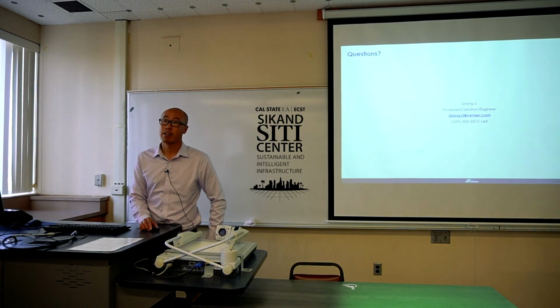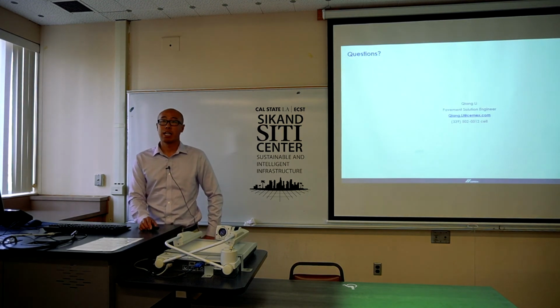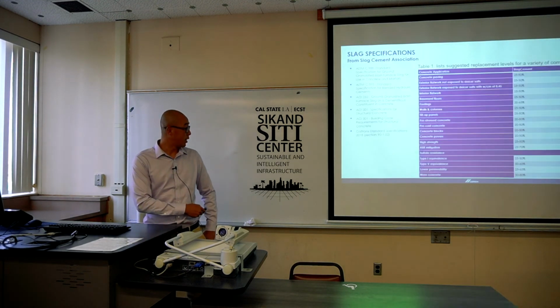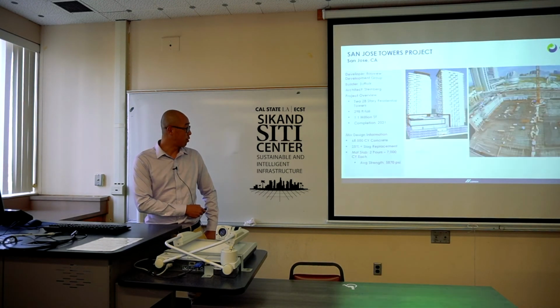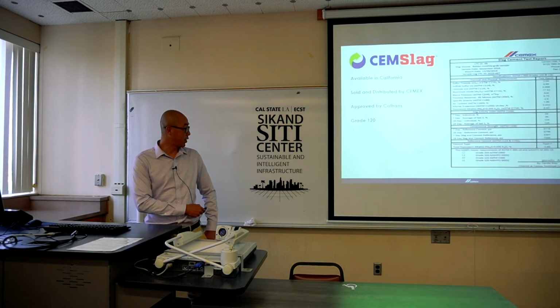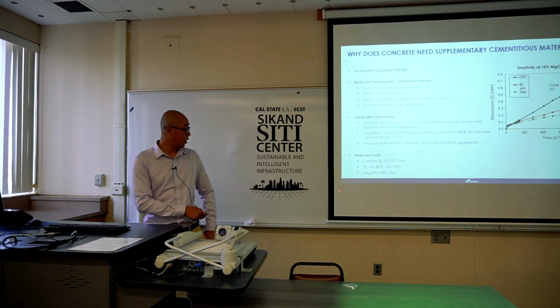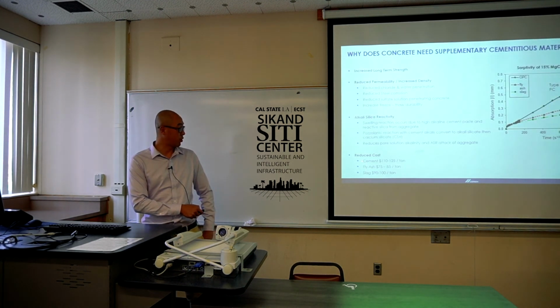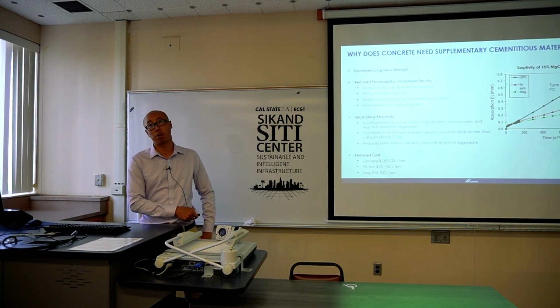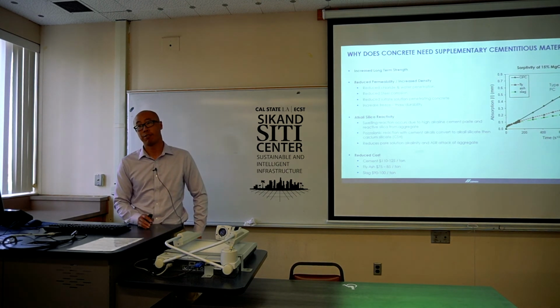What's the cost comparison of slag versus fly ash? Yeah, I mentioned it before, it's just a price range. It may vary in different regions, but typically for cement it's about 110 to maybe 130 per ton, and fly ash is cheaper than slag. But the problem is that fly ash may not be available for some projects.